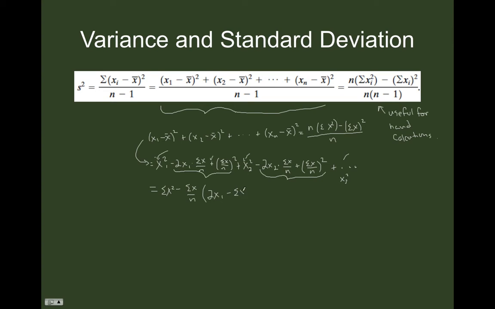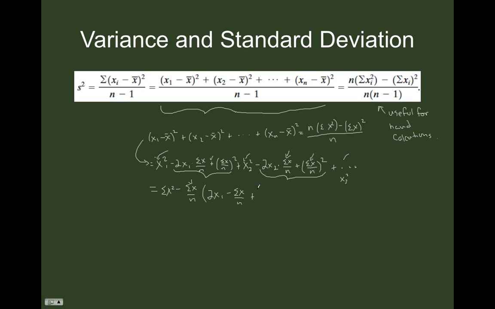So I still have a sum of x's over n here. And then I would have plus, I've got to look at these terms. Now this sum of x's over n and this sum of x's over n got factored out to here. So that's there, and the negative here also got factored out.